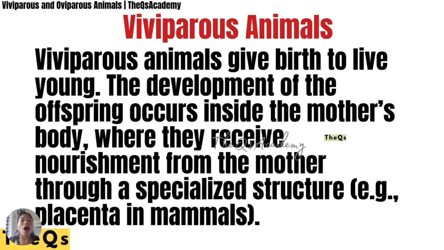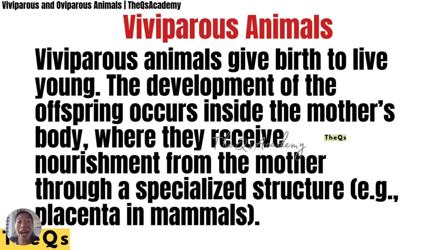Viviparous animals are animals that give birth to live young animals. The development of the offspring occurs inside the mother's body, where they receive nourishment from the mother through a specialized structure. So the animal gives birth to live young, and the development occurs inside the mother's body.